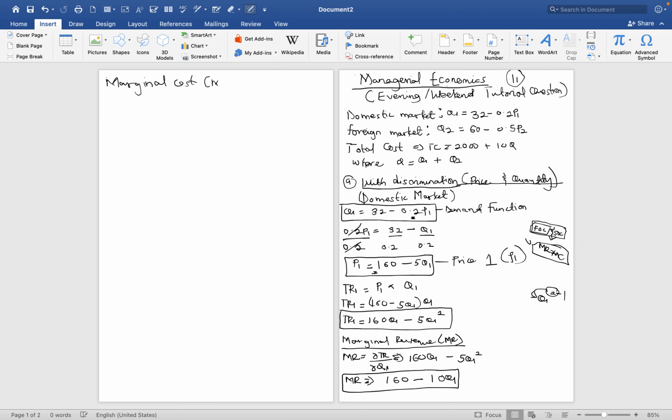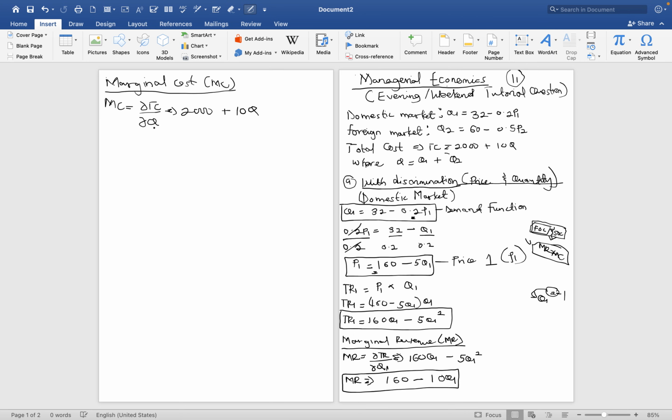So with the marginal cost, which is MC, we find the derivative of total cost with respect to Q. The total cost in the question was given as 2000 plus 10Q.